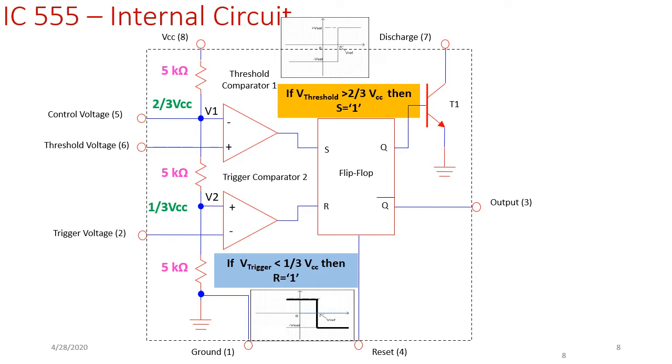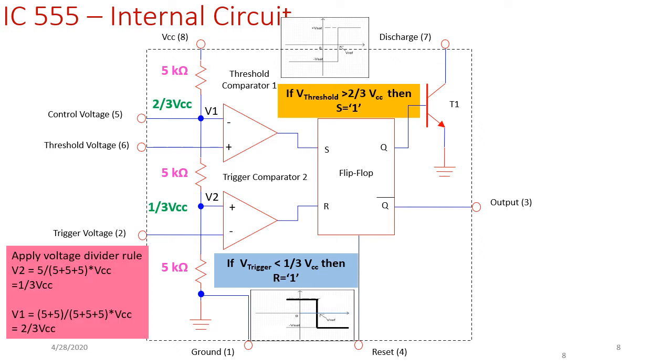You can see from the VTC also, if input voltage is below the V reference, it will give logic 1, and if it is more than V reference, then it will give logic 0. So this theory we will apply to explain the working of this internal circuitry in the next slides.